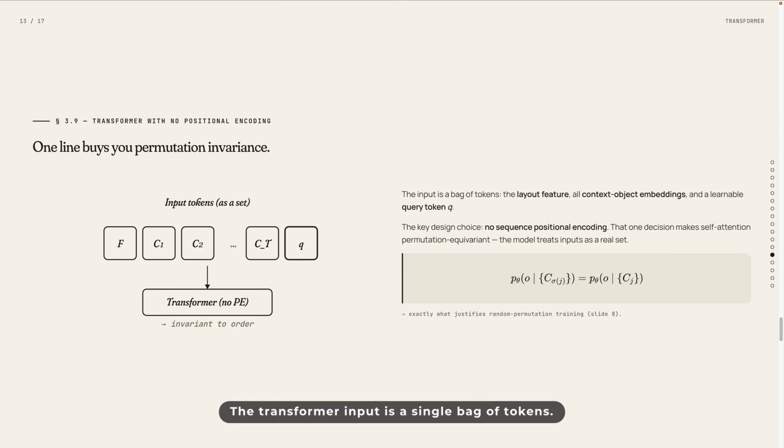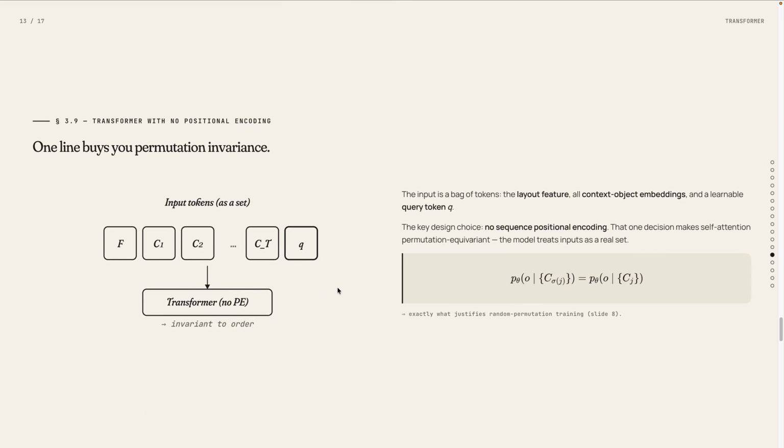Here's the key design choice: no sequence positional encoding. That single decision makes self-attention permutation equivariant. The model treats inputs as a real set, and that's what justifies the random permutation training we just talked about.